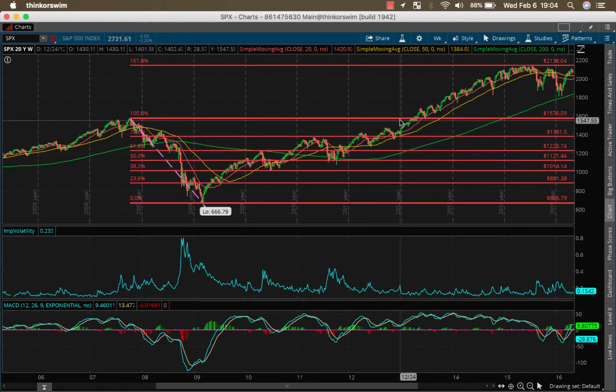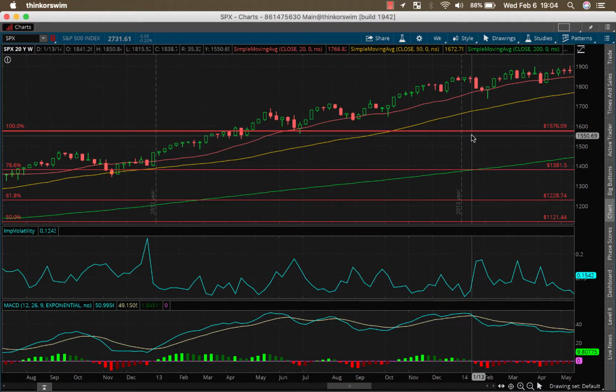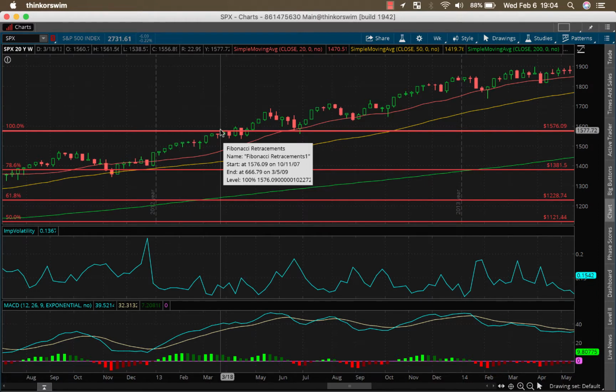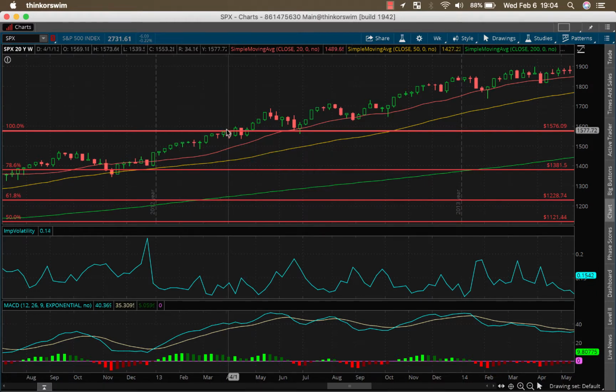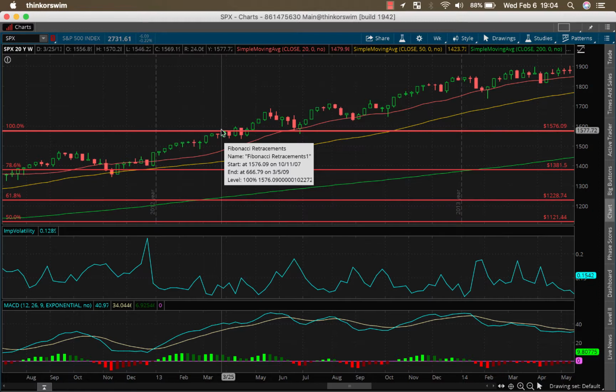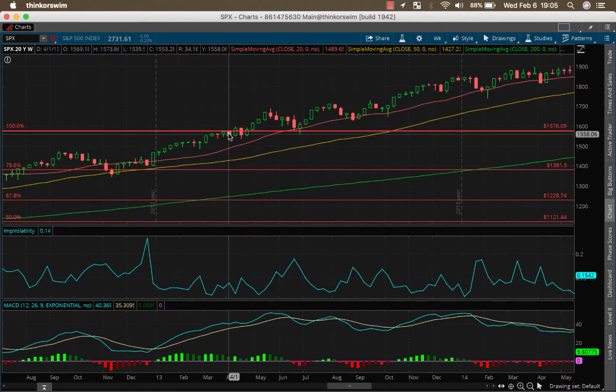at about the 100, I'll go ahead and highlight this. At about the 100% retracement, which happened right around, looks like, March of 2013, the market started to retrace the entire move upward of the previous high.